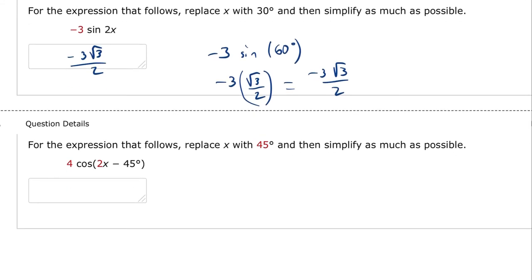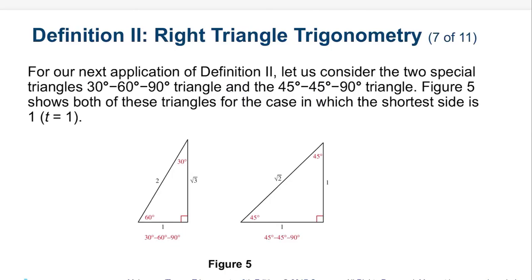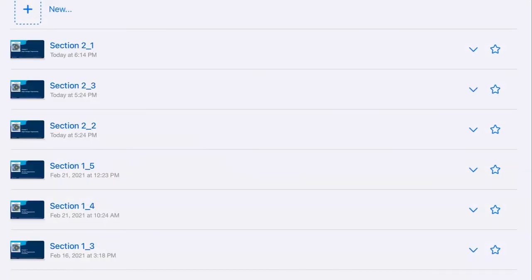All right, here we're going to substitute x was 45. So 2 times 45 is 90. 90 minus 45 is 45. So we have cosine of 45 degrees. And once again, we can go to our right triangle. Cosine of 45 would be adjacent over hypotenuse, 1 over radical 2. Whoops, sorry about that.